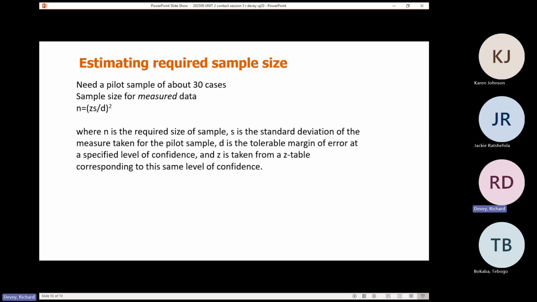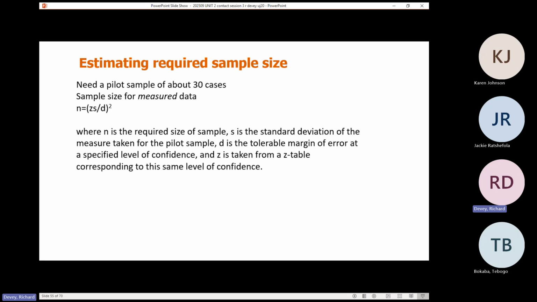D is the tolerable margin of error at a specified level of confidence. That's a value that we set depending on how much error we're prepared to tolerate for our study. And then Z is taken from a Z table corresponding to that level of confidence that we're working with.